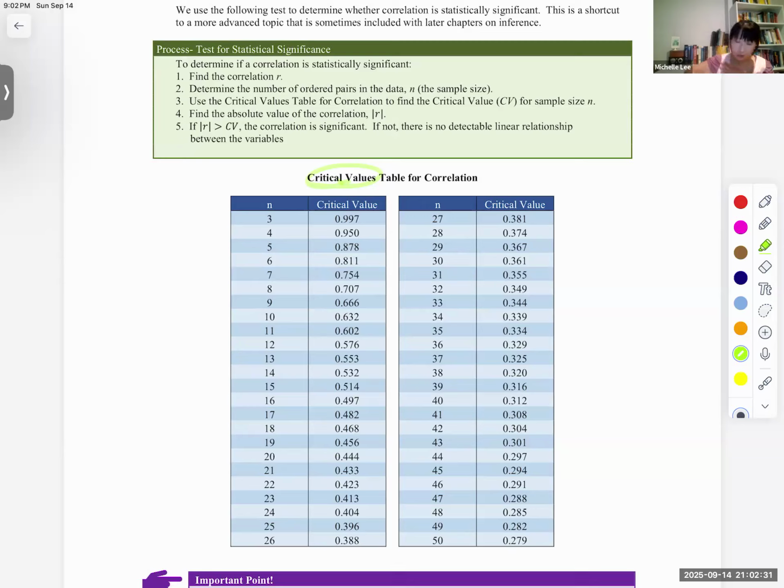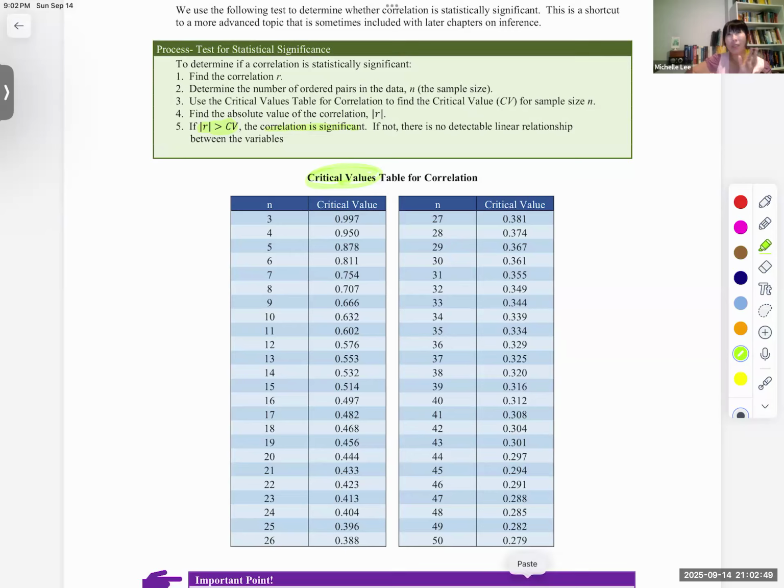Then let's take a look. If the original data set's absolute R is greater than the critical value, then we say that the correlation is significant. What does this mean?